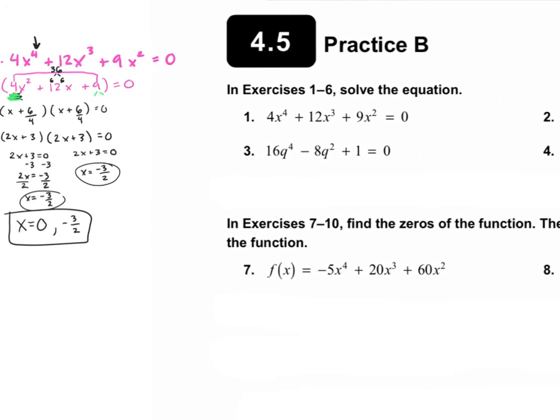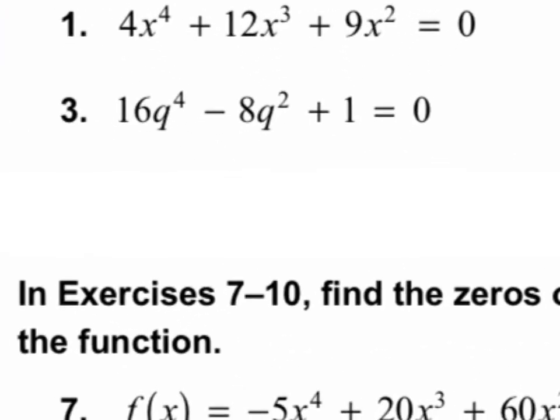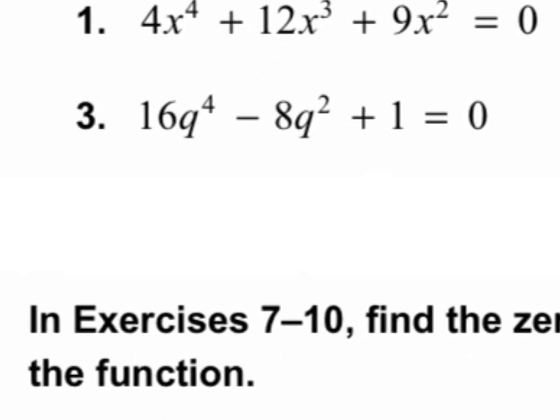All right, let's look at number 3. What should we do first here? Perfect. Our first number is not 1 again, so we have to multiply the first and the last together. So we get 16.